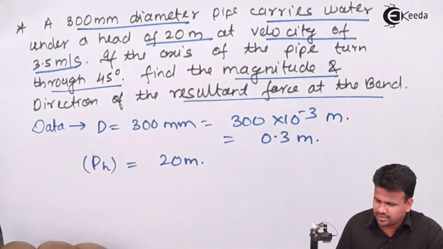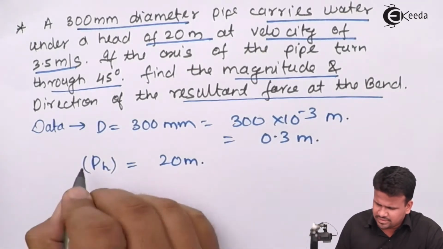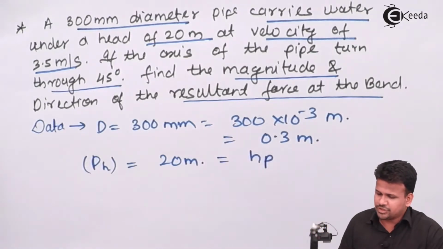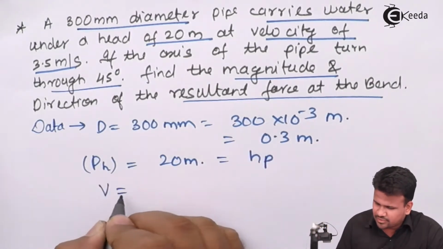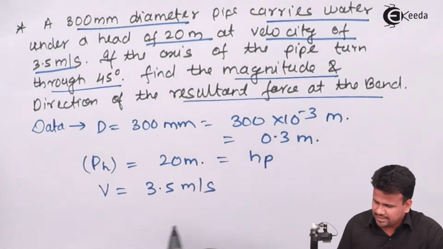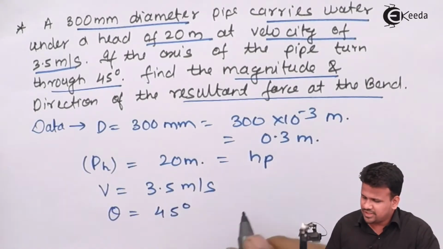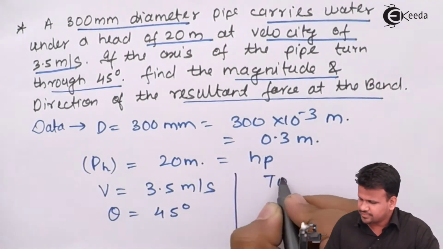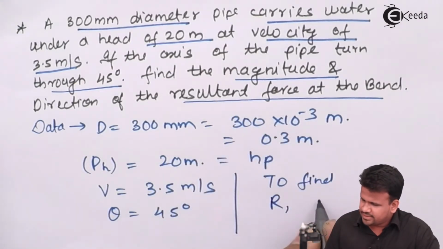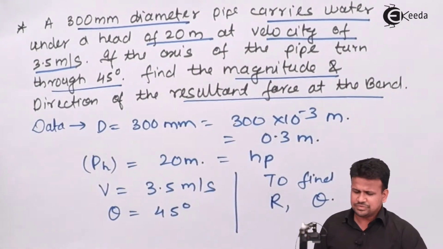So we can write the pressure head as 20 meters, which is also equal to HP, the head due to pressure. Velocity is equal to 3.5 meters per second, which is given to you, and the pipe is inclined by an angle of 45 degrees. So we have to find out the resultant force at the bend and its direction theta, which we have to calculate.